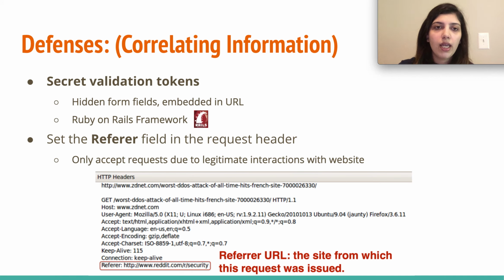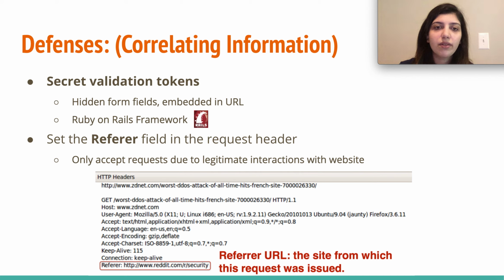For example, if we could include secrets in the messages that are being sent to the servers in the form of, say, hidden form fields, or if the secret can be embedded in the URL and the server only processes the messages that have these secrets embedded in them, the attacker would fail to perform session hijacking. Moreover, some frameworks such as Ruby on Rails framework can help produce web pages that have these secrets automatically embedded in the links of their web page.